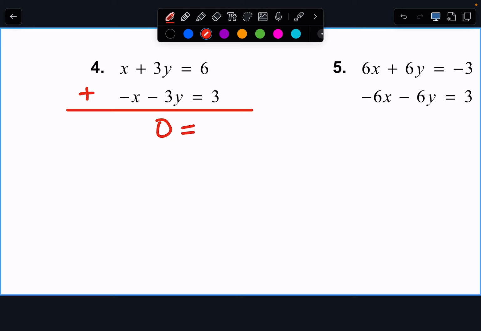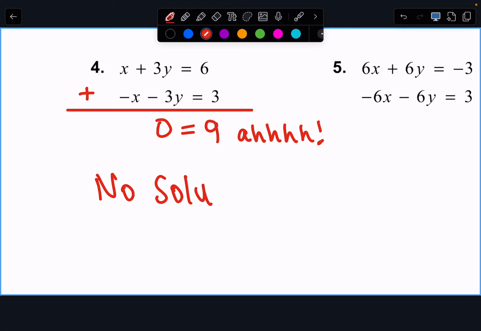But what about 6 plus 3? 9. How often does 0 equal 9? Never. 0 equals 9 is not a true statement, ever. So here is a case where we have no solution.